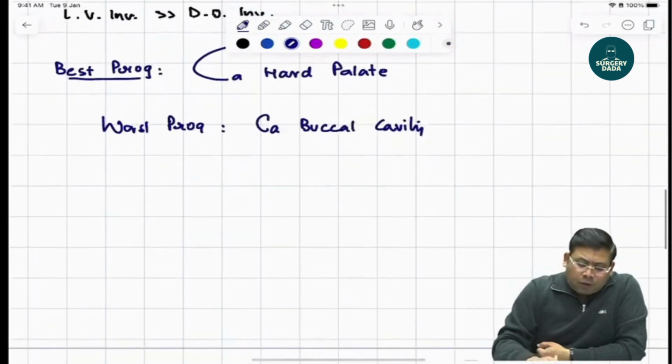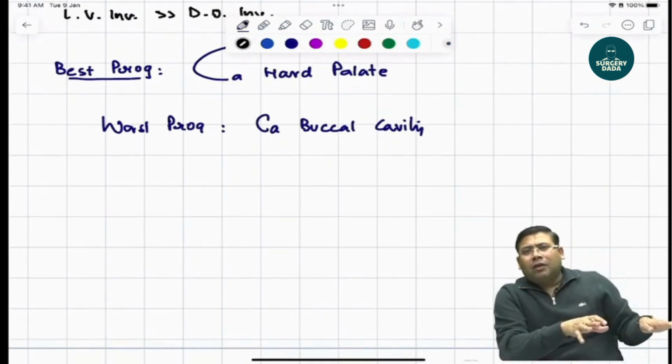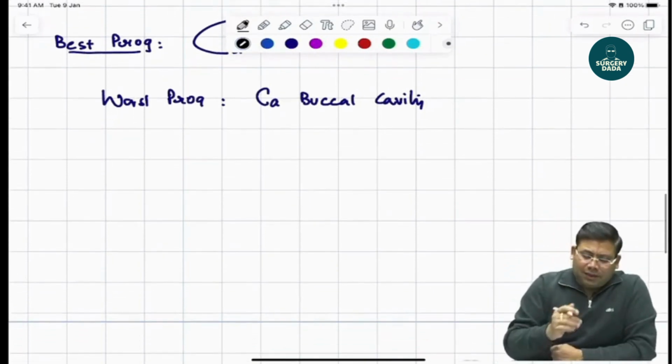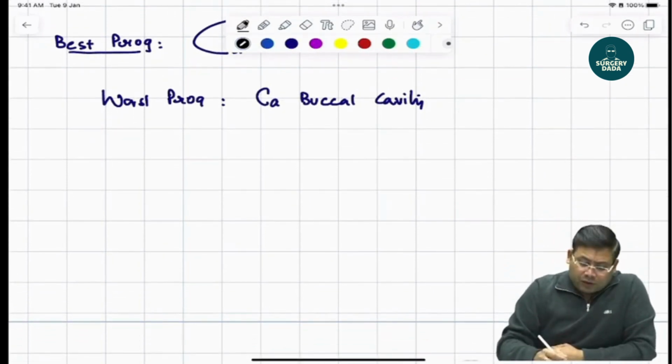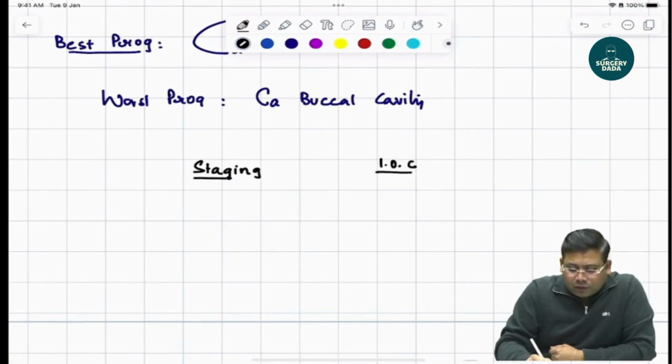Now when we talk about the approach to this, we need three things: planning the investigation, deciding the stage, and treating. Quickly I will discuss the concept of this. Whenever we talk about the staging of oral cancers, what is the investigation of choice? The investigation of choice for staging is PET-CT.